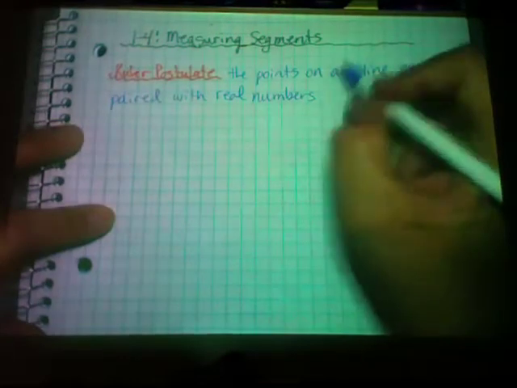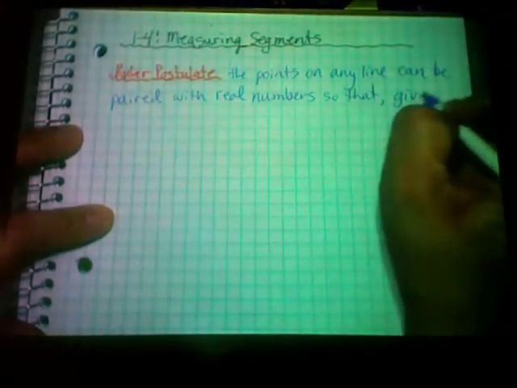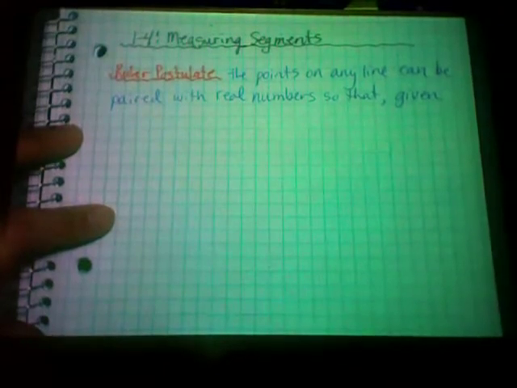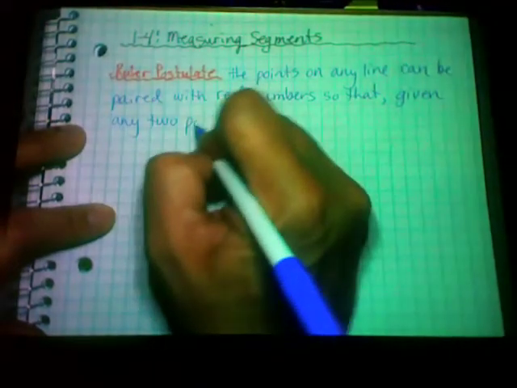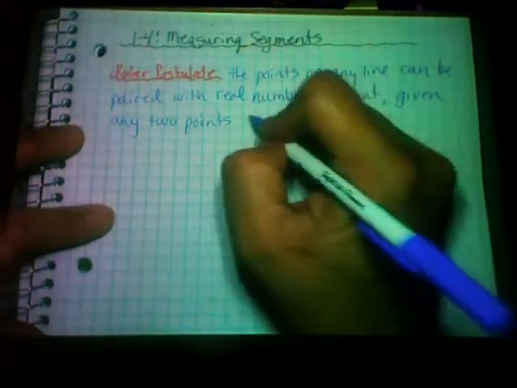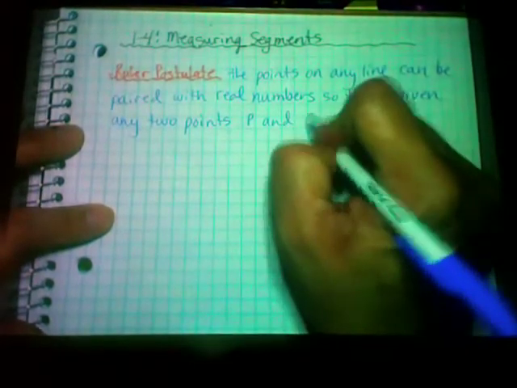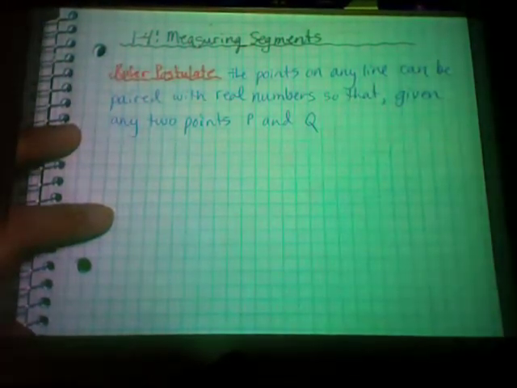So that, given any 2 points, we are going to call them P and Q, but it could be -5 and 10, or it could be a decimal or a fraction.